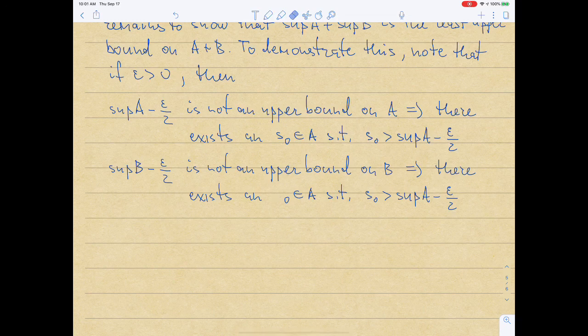So there exists now T0 that belongs to B such that T0 is bigger than supremum of B minus epsilon over 2.